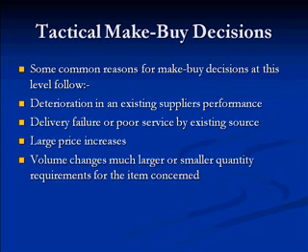In all these scenarios, you need to see whether you should go for an existing supplier or for a different supplier. Then delivery failure or poor service by existing source. So again, this is an issue.